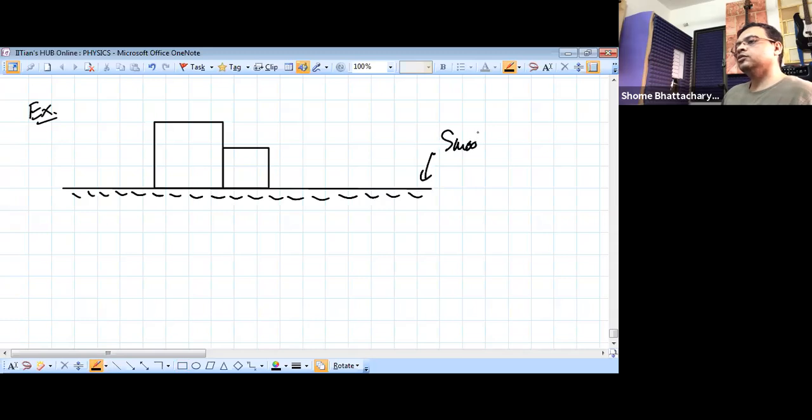So this is a smooth horizontal surface. Now this is the block E, which has a mass of 40 kilograms. This is the block B, which has a mass of 10 kilograms.